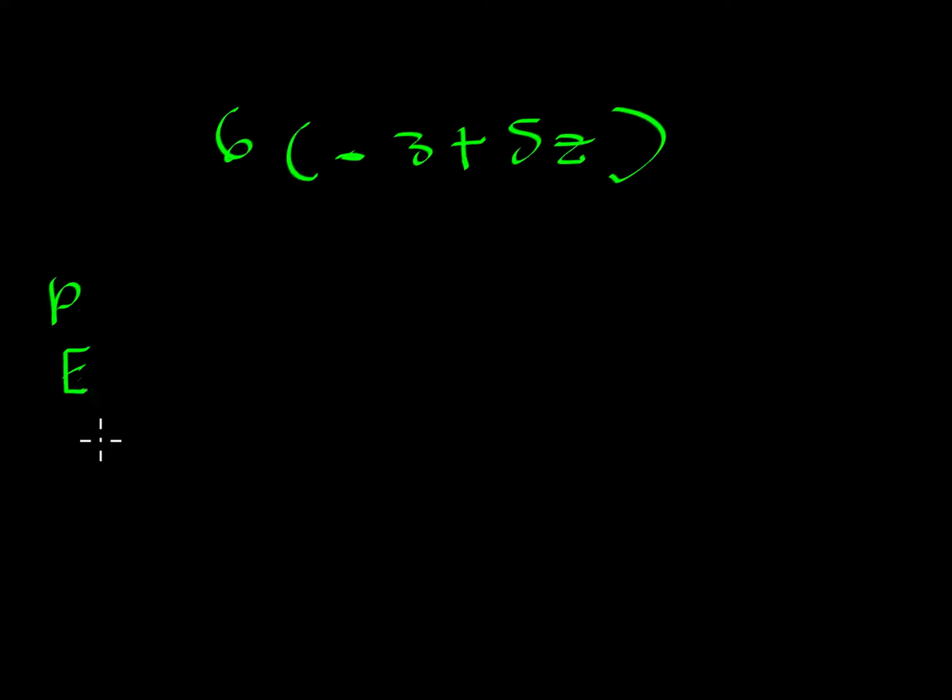Now our last expression is 6 times the quantity negative 3 plus 5z. We're also going to apply PEMDAS here, because we have parentheses surrounding negative 3 plus 5z. So we want to get rid of those parentheses by distributing 6 to negative 3 and 6 to 5z.